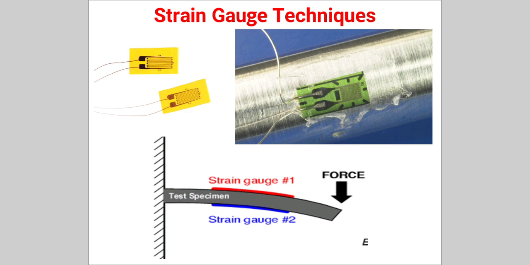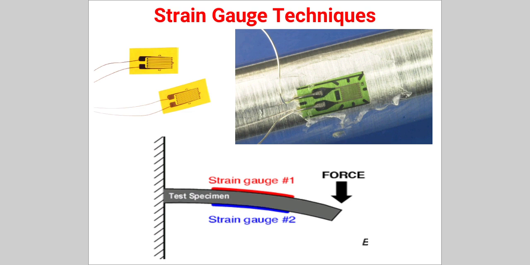As we know, in the tensile condition resistance increases, in the compressive condition resistance decreases, and this is the basic working principle on which the strain gauge works.